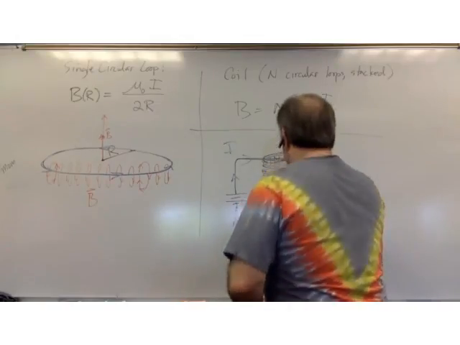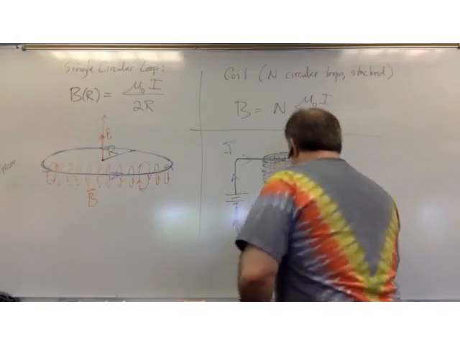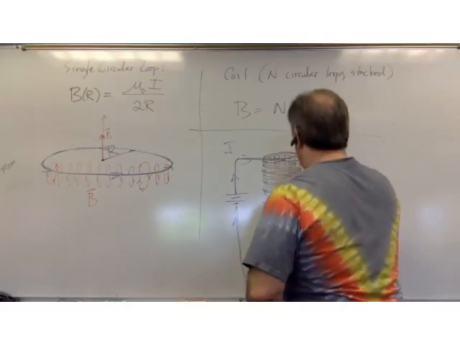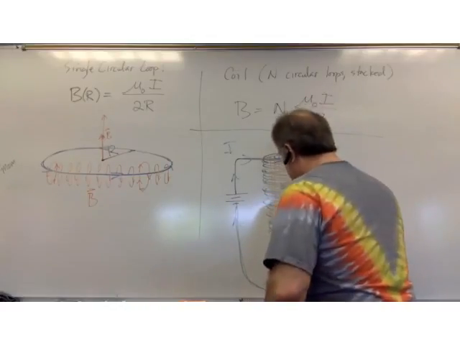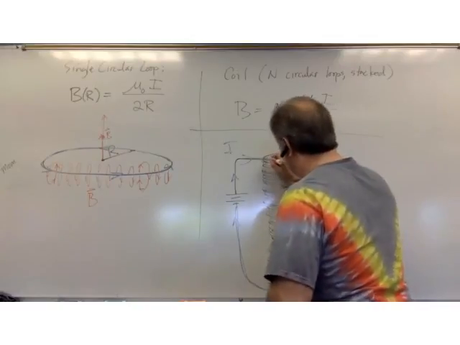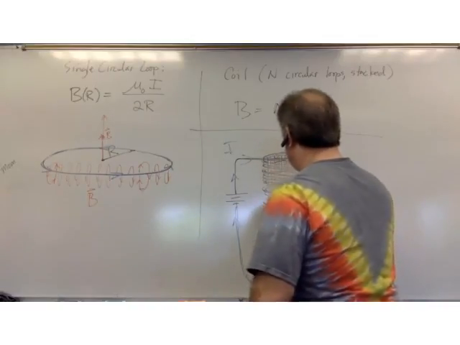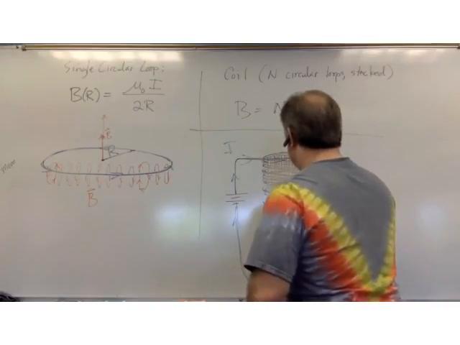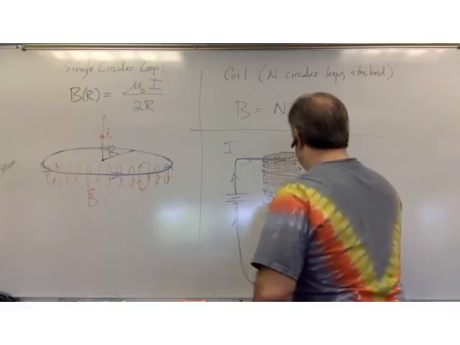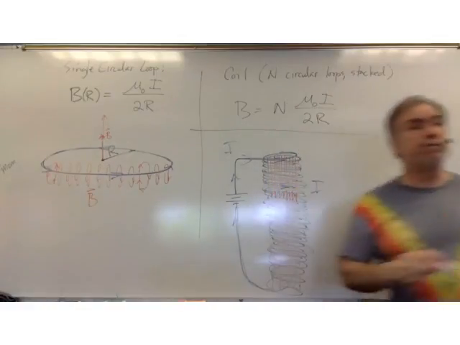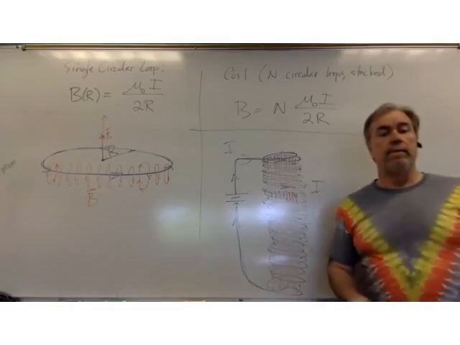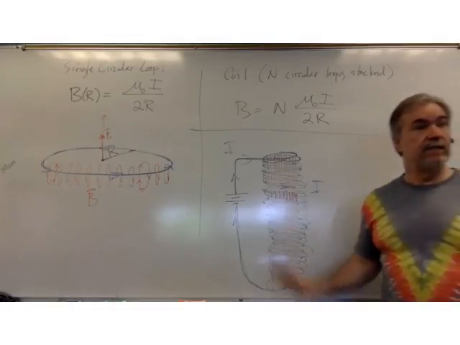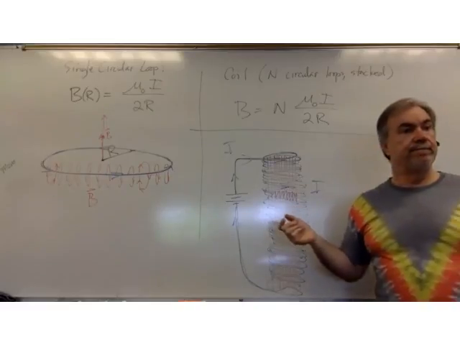it turns out, and once again, this is a very, very complicated derivation, so I'm not going to do it. But it turns out that the magnetic field that gets created on the inside is very uniform, very strong, and most importantly, it points everywhere parallel to the axis of these coils.